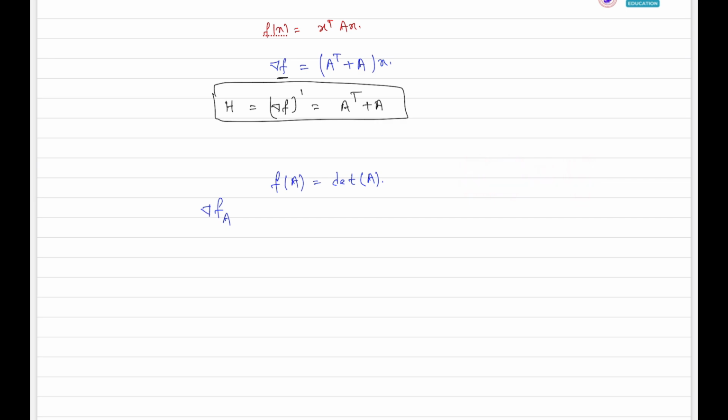So we might have this kind of function, and we can ask what will be the derivative, or second derivative, of this kind of function.